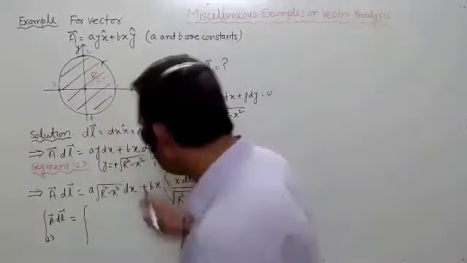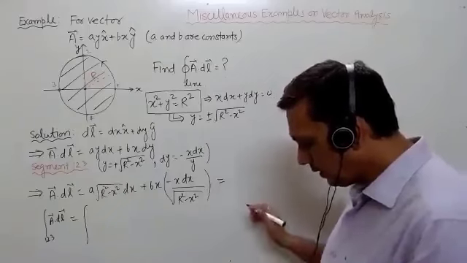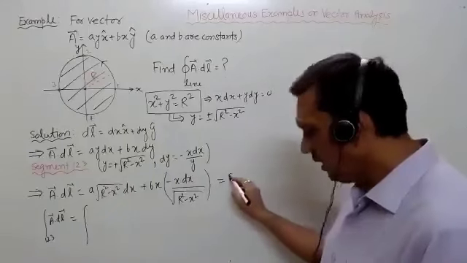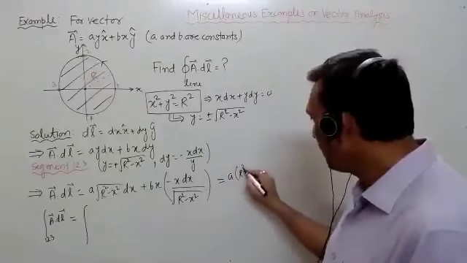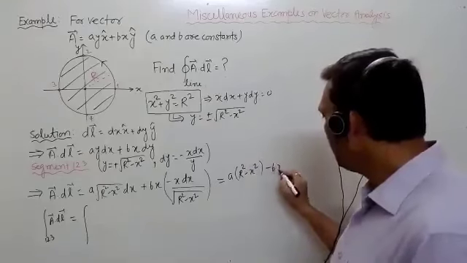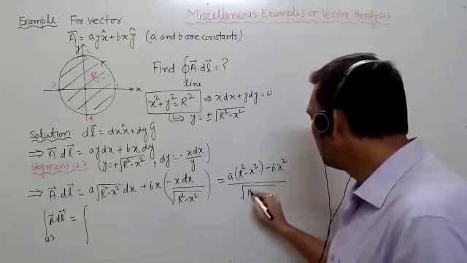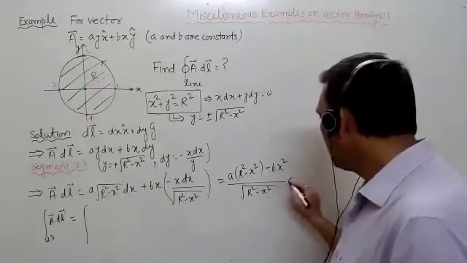Just see. Let us first simplify this expression. You can write this as a r square minus x square minus b x square, all by under root r square minus x square, dx.